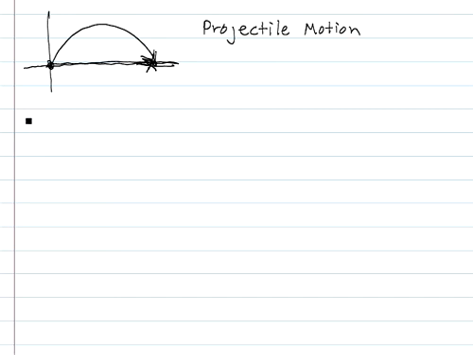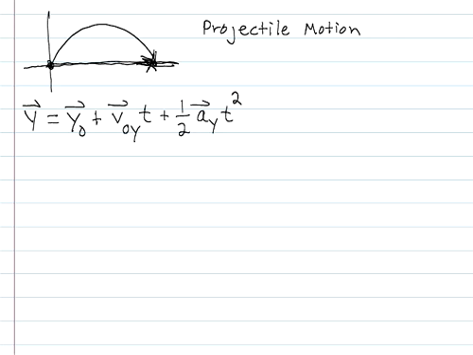There is the general equation of motion in the vertical direction, which looks something like this. y stands for the final vertical position. y sub 0 stands for the initial vertical position. v sub 0y stands for the y component of the initial velocity, times t, the time coordinate, and then 1/2 times the y component of the acceleration, times the time squared.